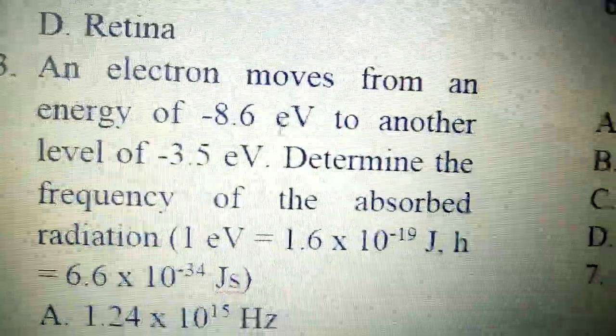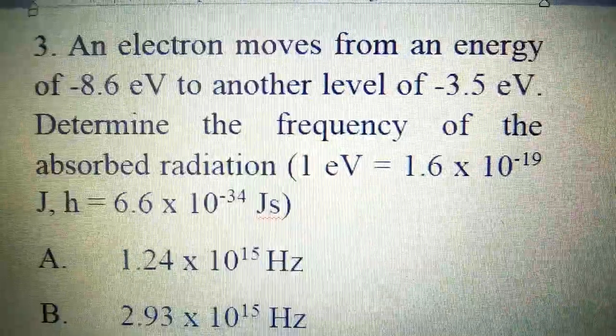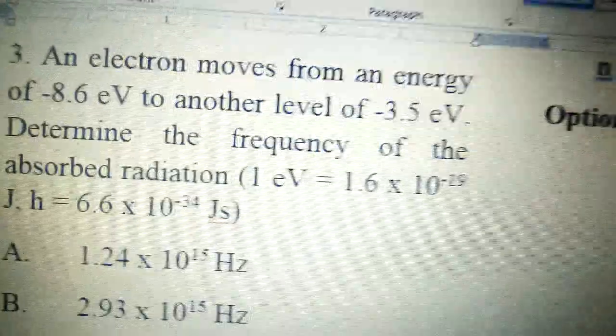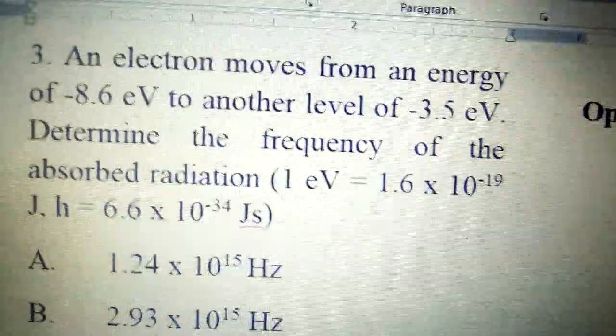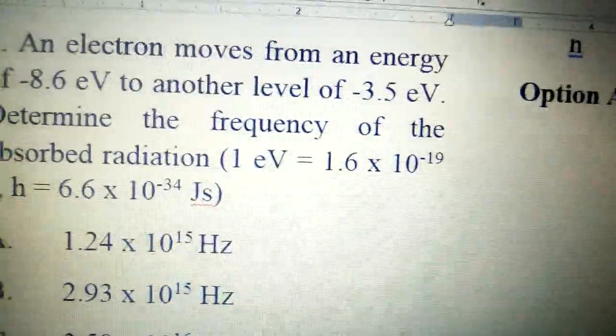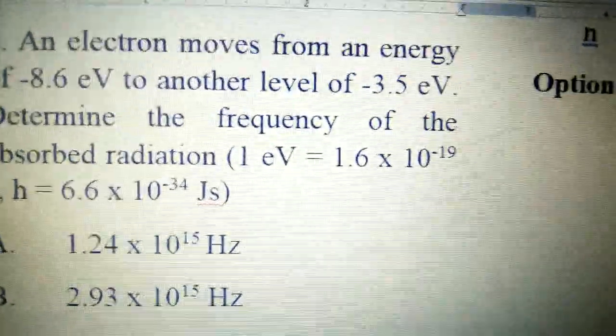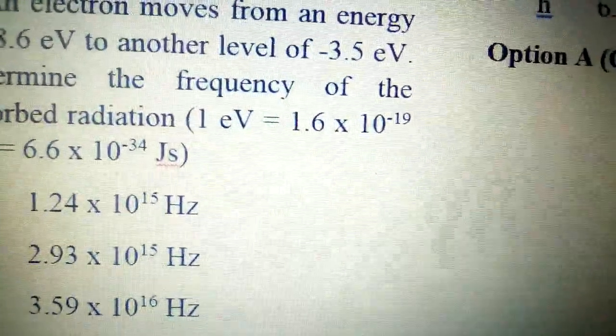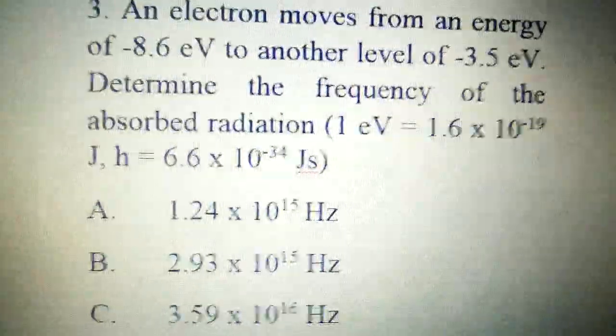Question number 3. An electron moves from an energy of minus 8.6 electron volt to another level of minus 3.5 electron volt. Determine the frequency of the absorbed radiation. 1 electron volt is equivalent to 1.6 × 10^-19 joules.